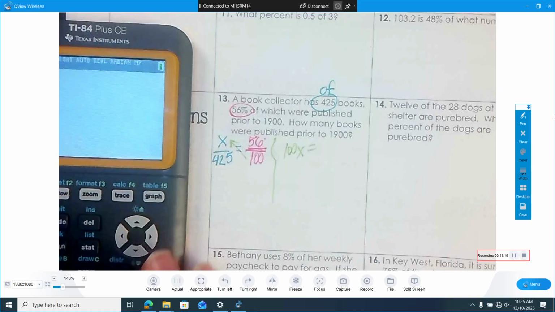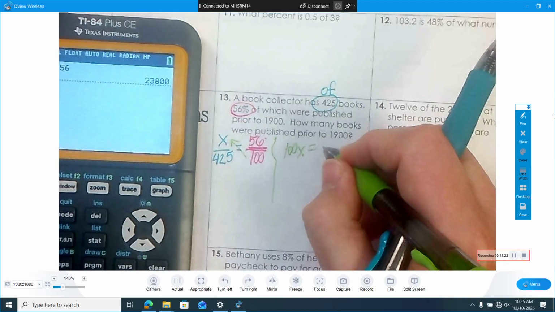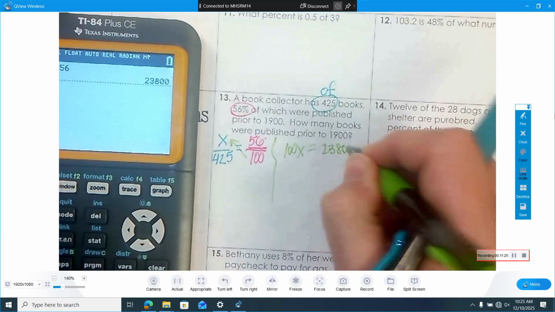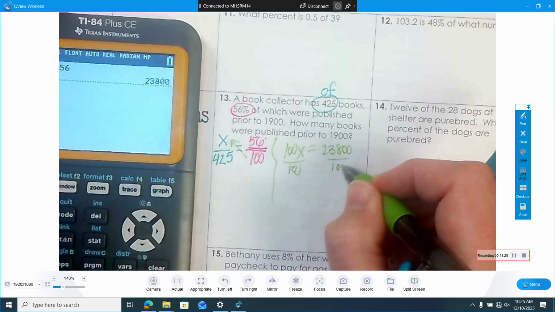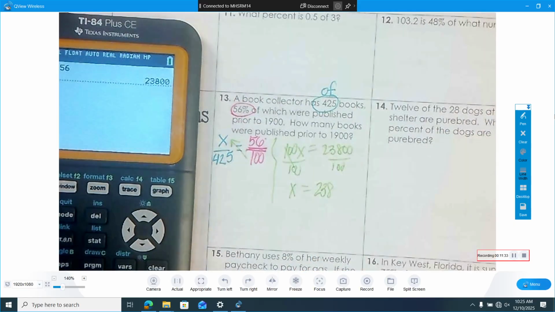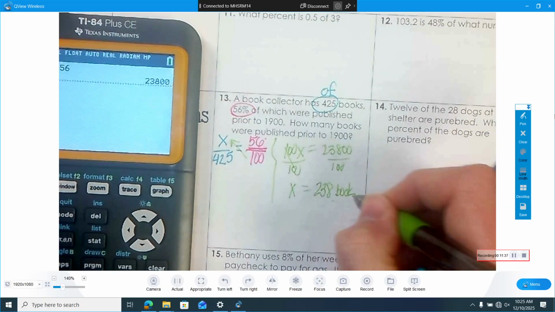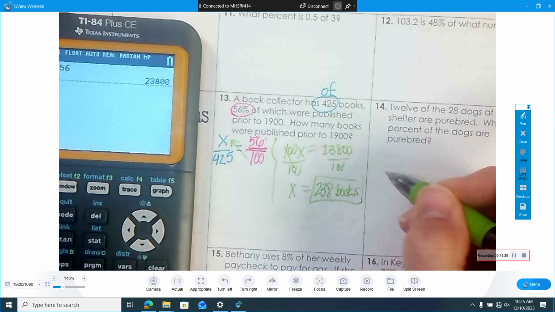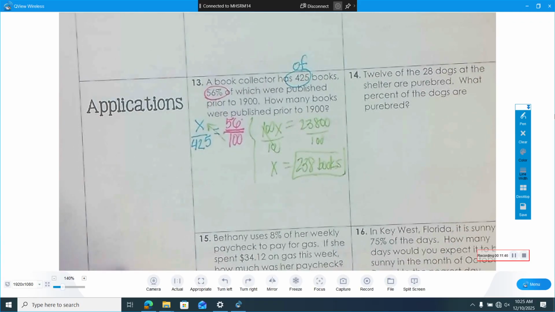And let's see, 425 times 56 is 23,800. And I can divide by 100. Very easy. X equals 238. 238 books. So a little more than half. All right.